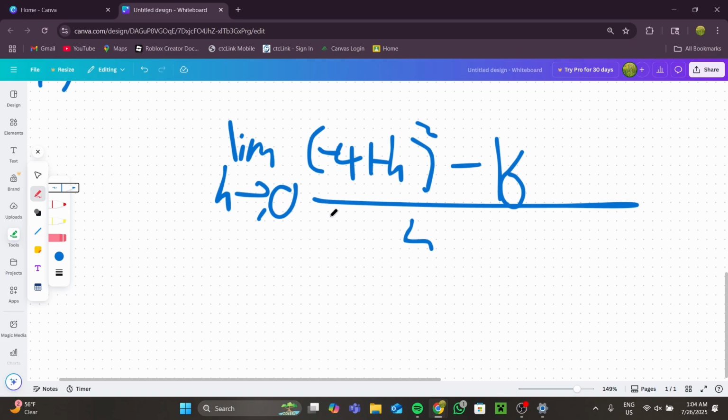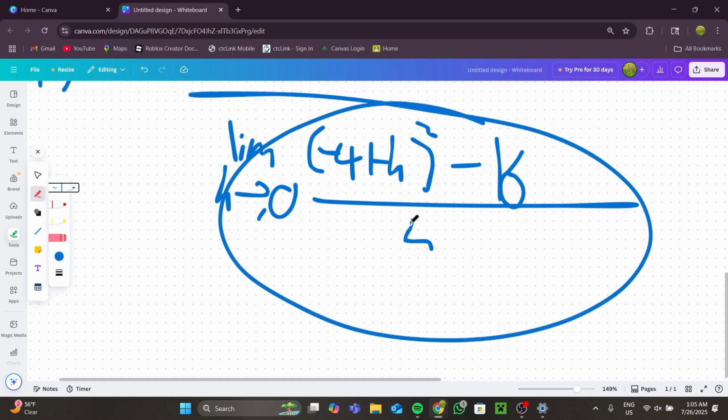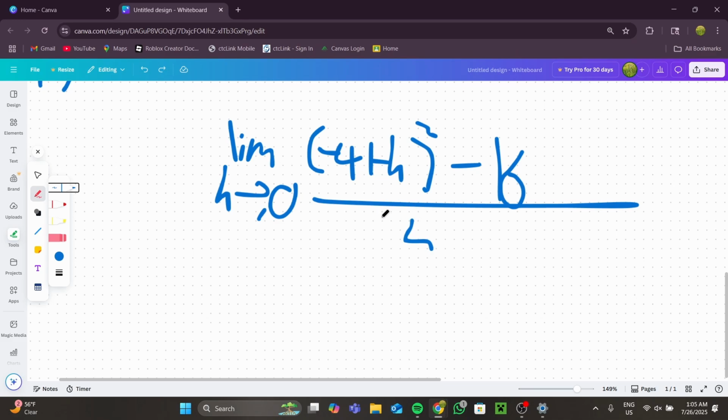If we were to use direct substitution here, we can't because h is in the denominator and we can't have 0 in the denominator. That also means that if we were to just do f of 0 for this function, it would just not exist. But let's try and get the limit.